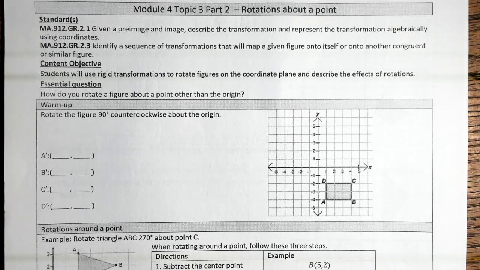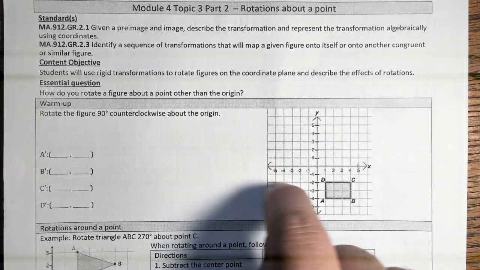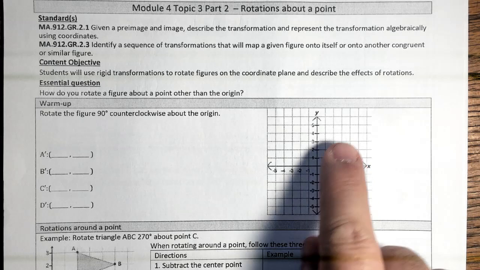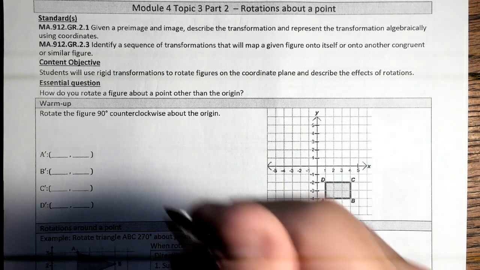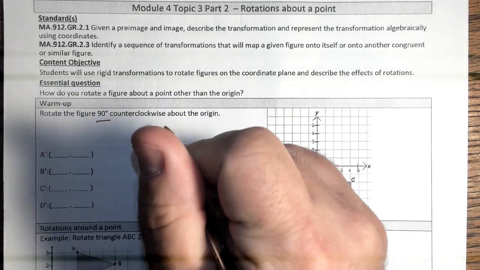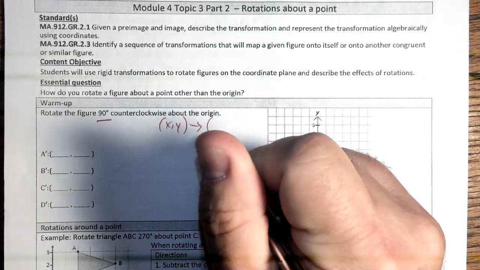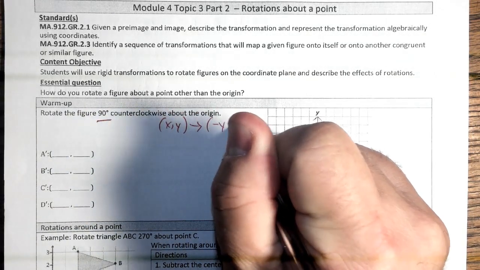All right, so page 13, the warm-up. Rotate the figure 90 degrees counterclockwise about the origin. So counterclockwise, we're going to go this way. So 90 degrees, we're going to go from here to here. And our coordinate rule for a 90-degree counterclockwise rotation, our x comma y, is going to be negative y comma x.